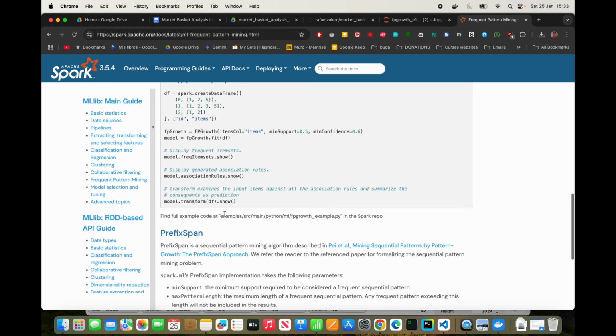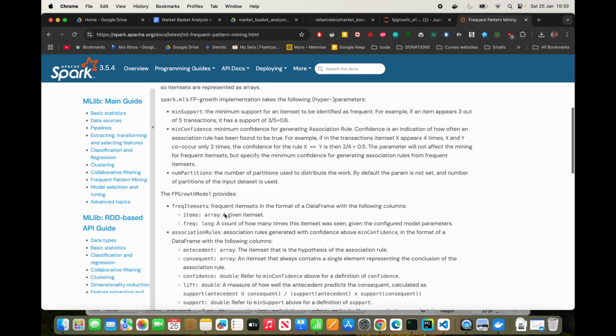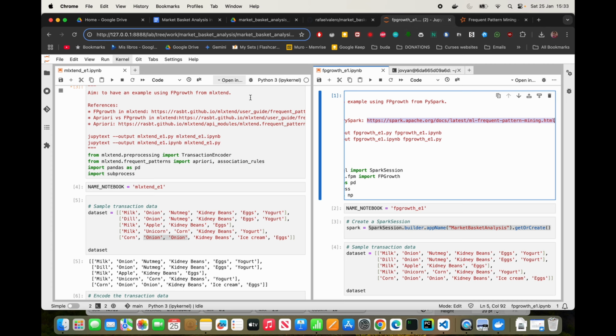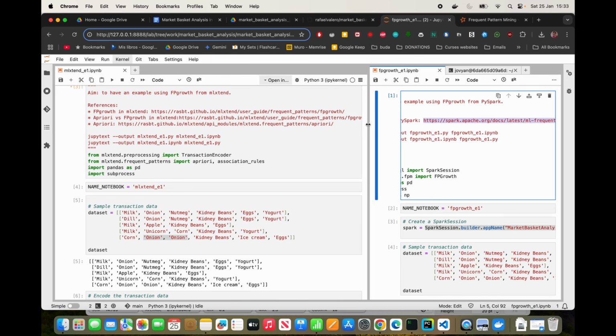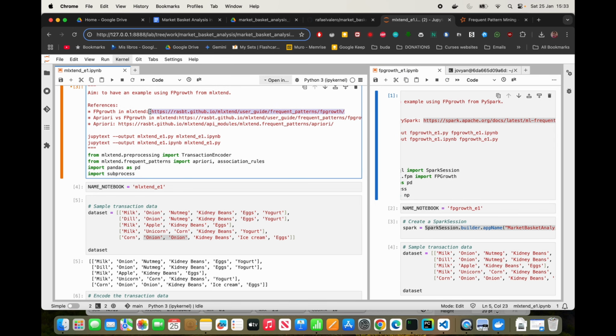So always very interesting. I think in mlxtend you will have comparisons. It's very good documentation.